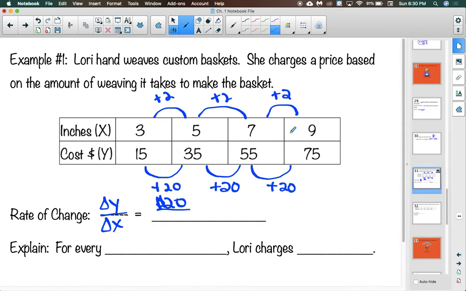Okay, so my delta x number is 2, and the units that go along with that 2 are inches. Now don't forget, we do have to turn our rate into a unit rate, and I will do that with a little bit of division. I will divide by 2, and I will get $10 per 1 inch.